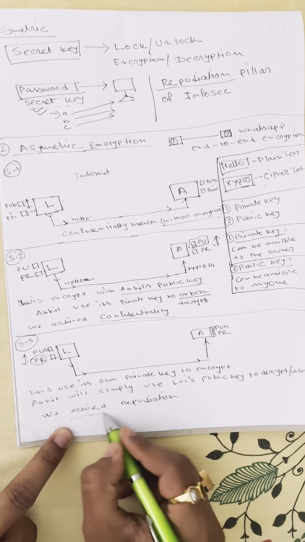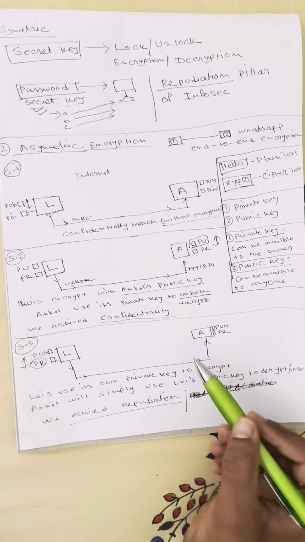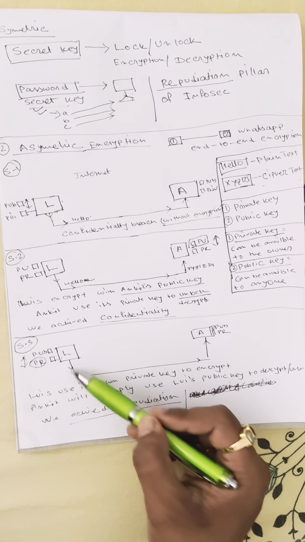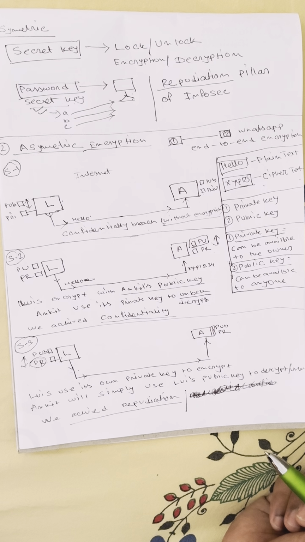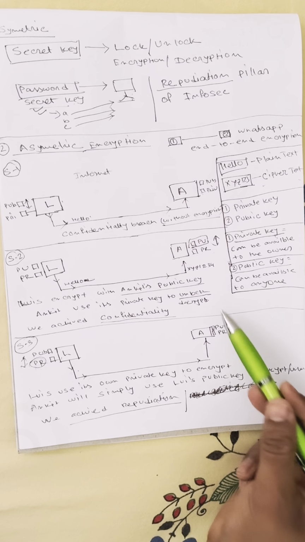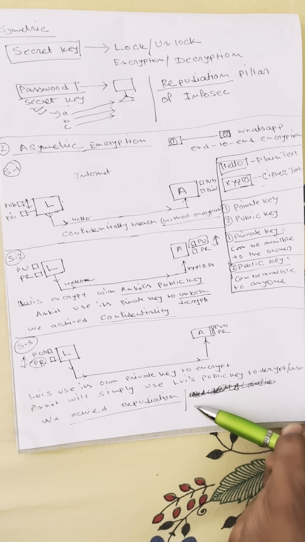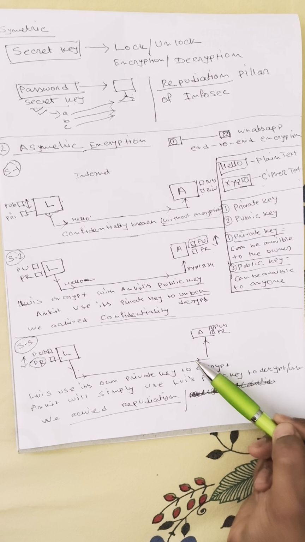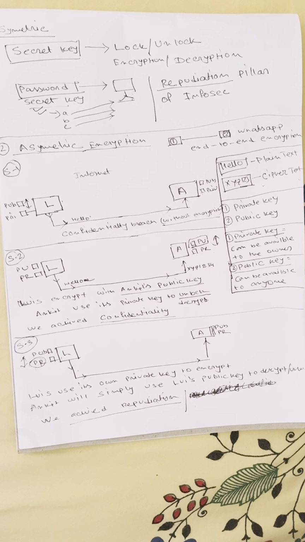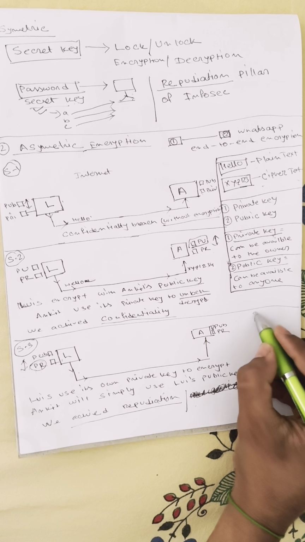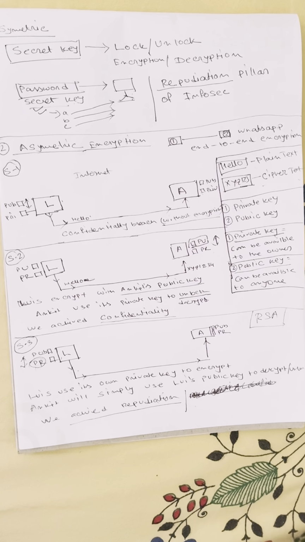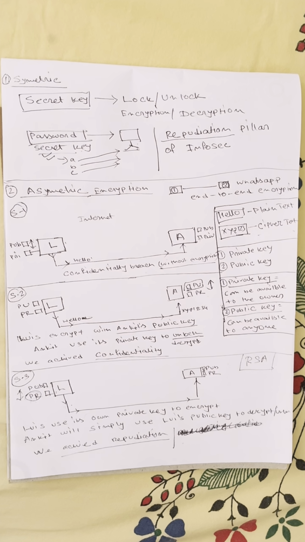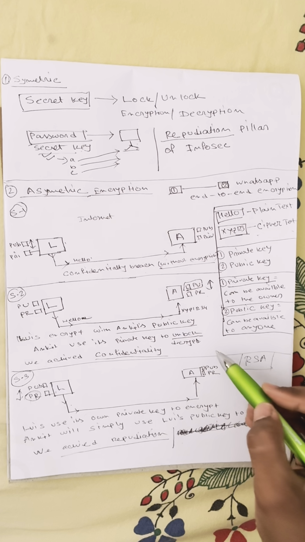We achieve repudiation here. The question is, whoever has Louis's public key can decrypt this message, right? But if we combine these two, confidentiality and repudiation, we can achieve both of them. This is simple asymmetric encryption, and this is called the RSA algorithm. In the exam, if they give you a scenario and ask you to find out confidentiality, this is the right environment.